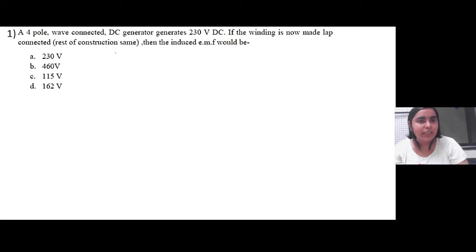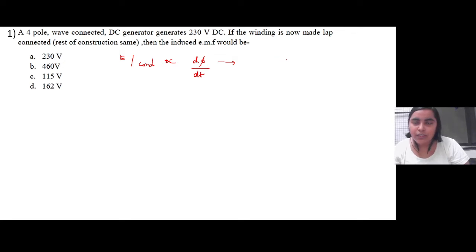Now, in case of a generator, the induced EMF which is getting generated per conductor is given as d phi by dt. It is directly proportional to the d phi by dt, right? Now, this d phi we can relate it to be the flux that is cut per conductor in one revolution, right?